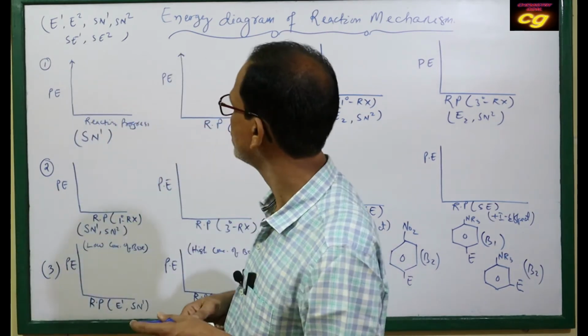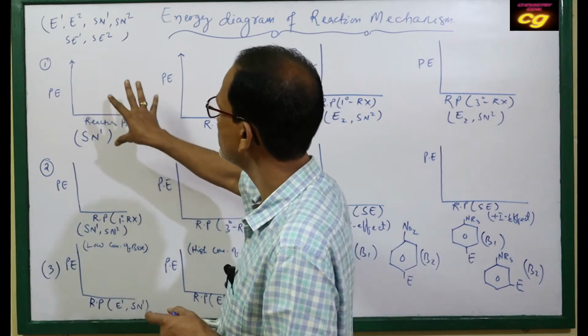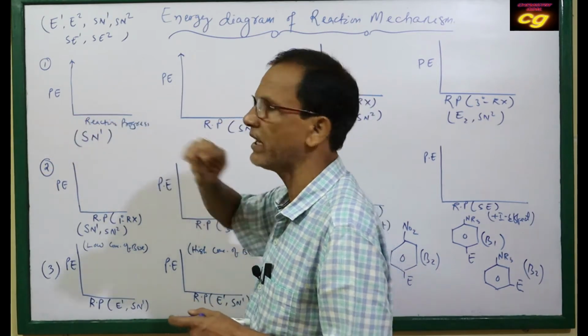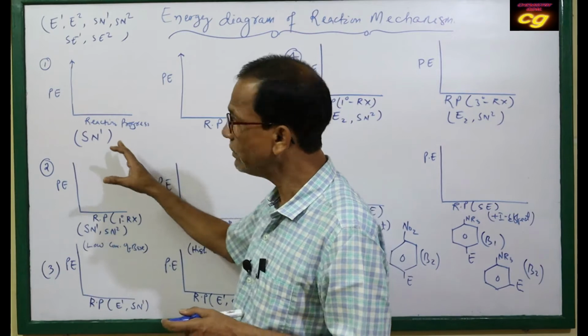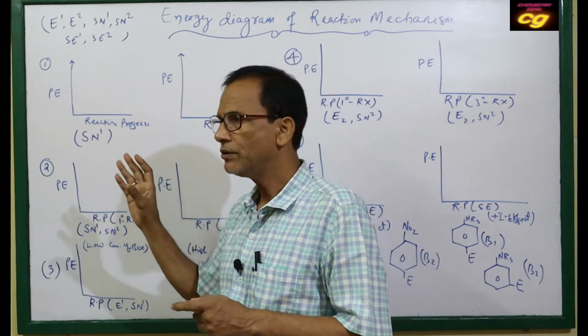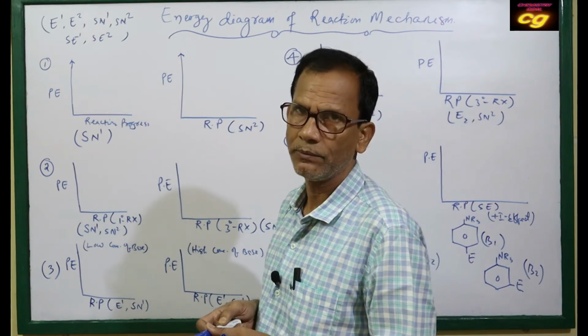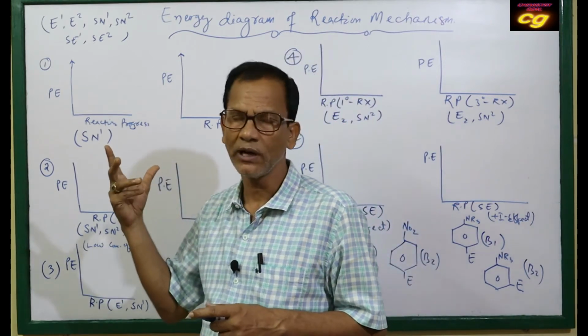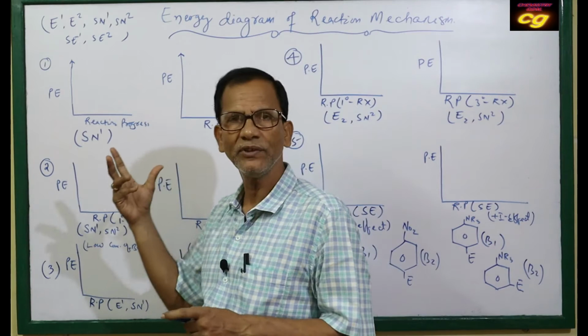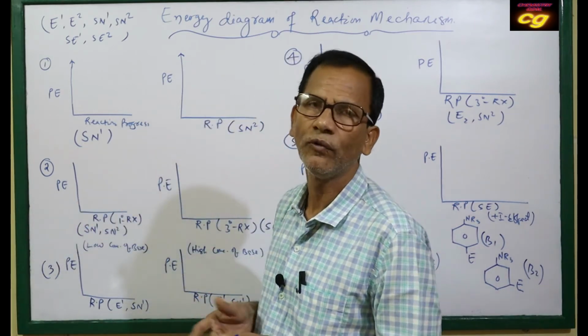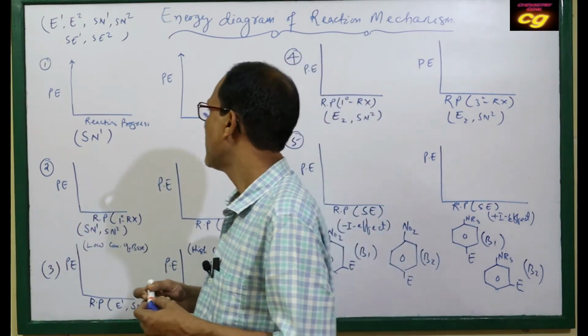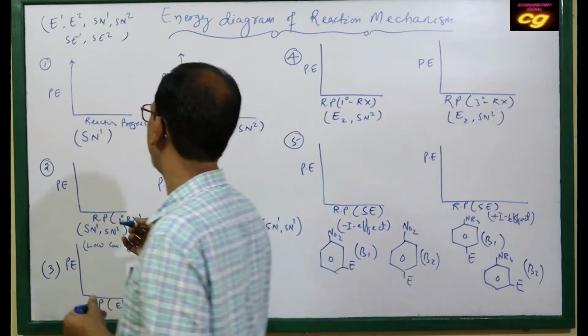So here you see this energy diagram indicates the SN1 mechanism. Already you know, in the SN1 mechanism the reaction proceeds in two steps. First step is the formation of carbocation, and second step is the attaching of the nucleophile to the carbocation. And the first step is the slow step.